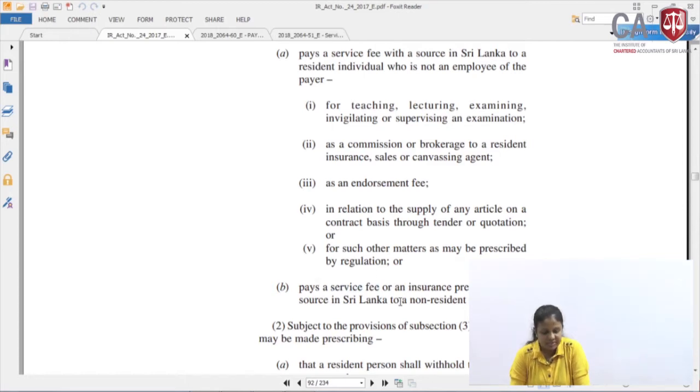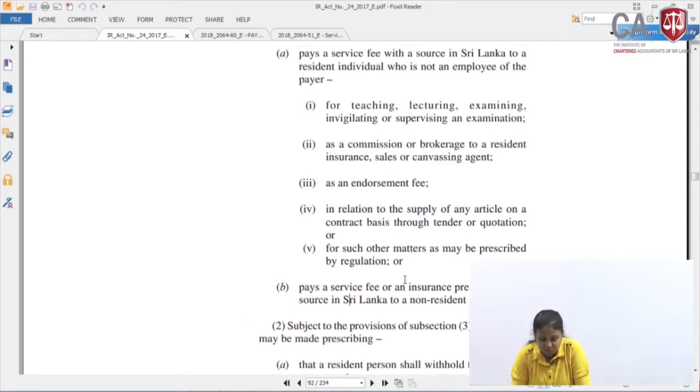Clear? Service fee or an insurance premium with the source in Sri Lanka. Source principle, all of you know, to a non-resident person. In those circumstances, you need to look at what is the tax rate. Clear? Then we will look at the first schedule.